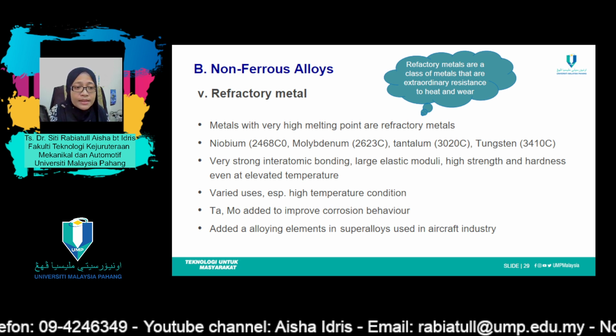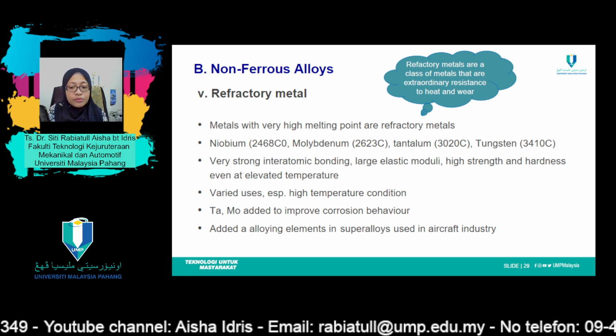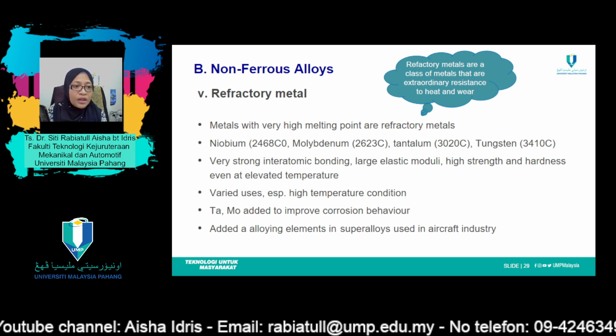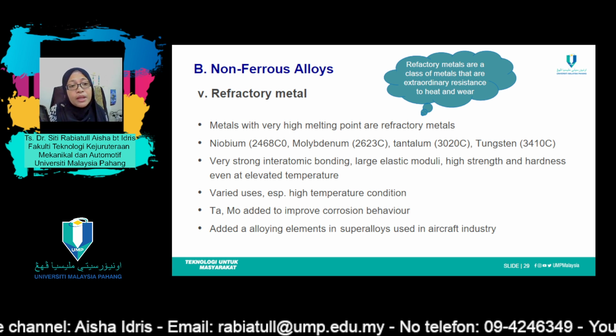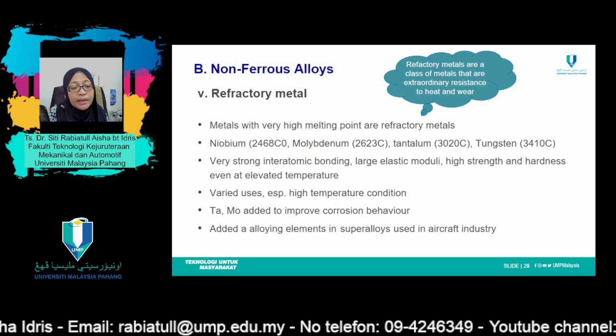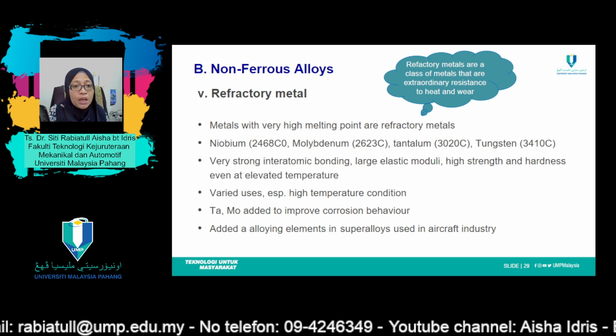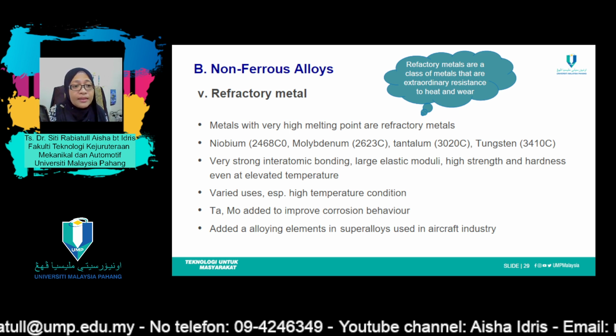Last but not least is the refractory materials. Metals that have extremely high melting temperatures are classified as the refractory metals. Included in this section are niobium, molybdenum, tungsten, and tantalum.